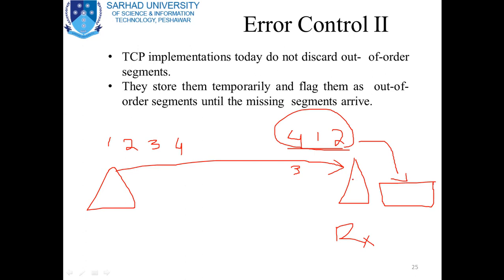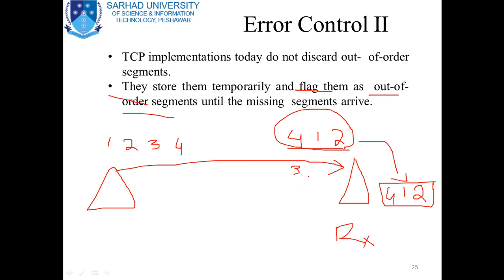So the receiver will be holding the data in a buffer, that is a temporary memory, and flag it as an out of order segment, because this is not in order, and some packet has been lost as well. So it will save it in a temporary buffer and flag it as out of order.